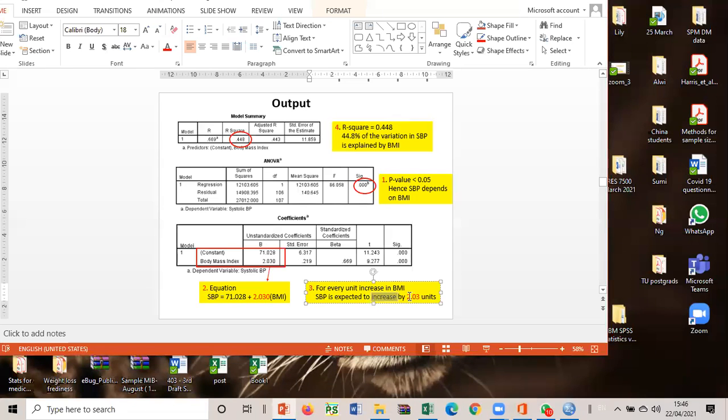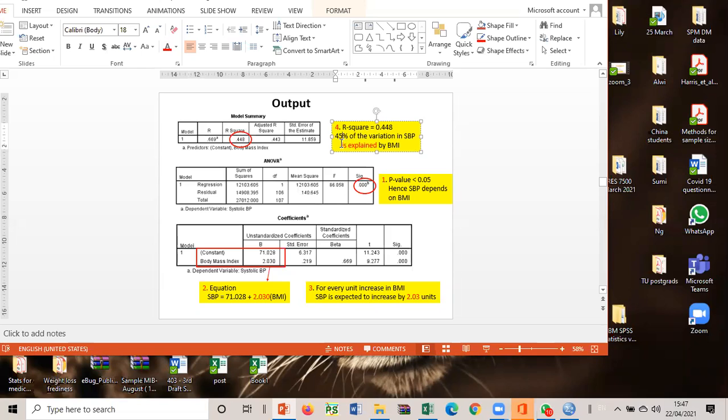BP is expected to increase by 2.303 for every unit increase in BMI. Next, how much? Fourth step, R square. R square is 0.448. What does it mean? 44.8% of the variation in BP is explained by BMI. How much is unexplained? About 55%.